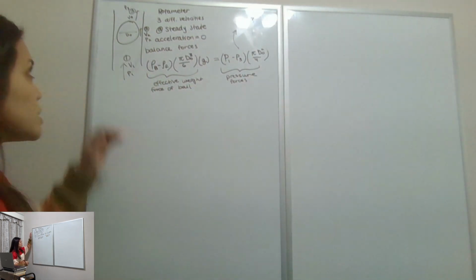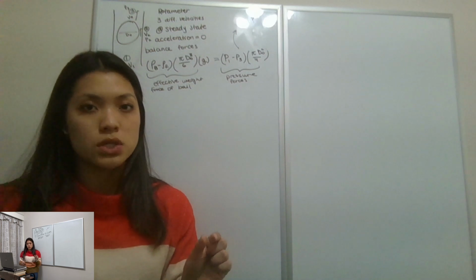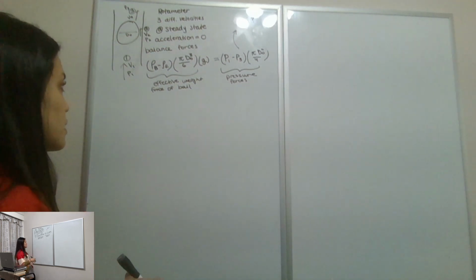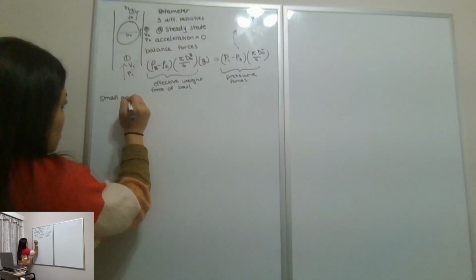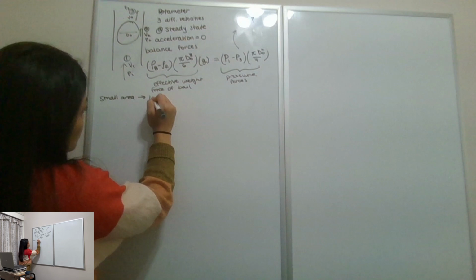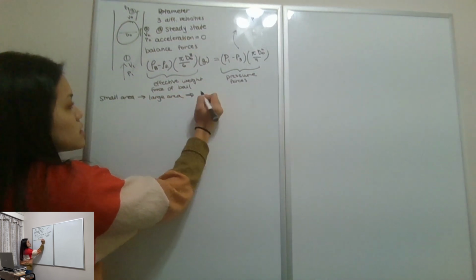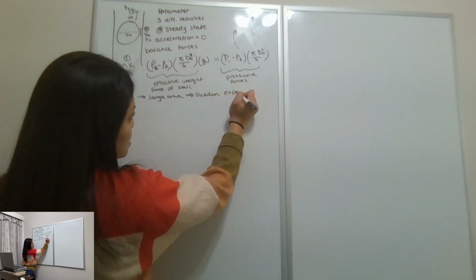Well, the pressure at position 3: if we look at the pressure at position 1, it goes from a very small cross-sectional area to a very large cross-sectional area. When it goes from a small area to a large area, there is a sudden expansion.